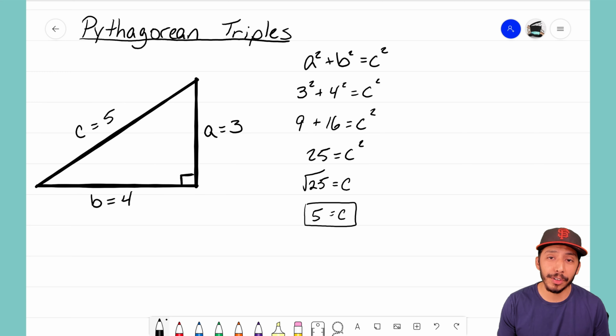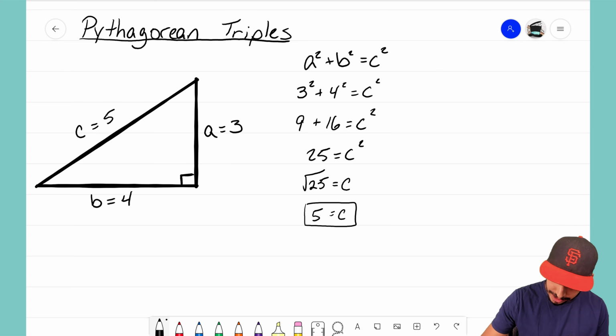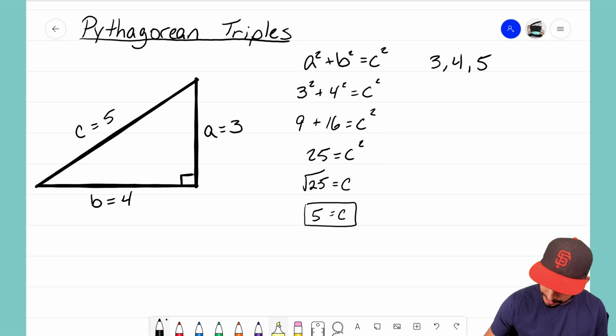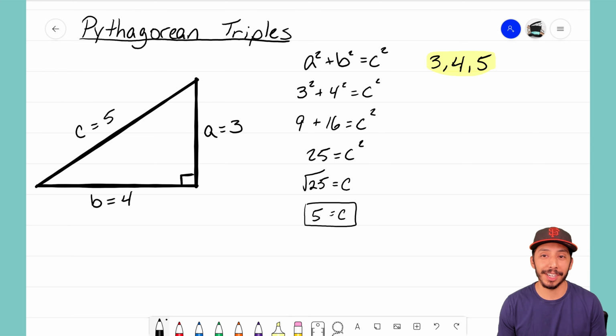So one Pythagorean triple that we've just shown is 3, 4, and 5. That shows you that these are the three sides of the right triangle. They are all whole numbers, and they satisfy Pythagorean's theorem. That's what Pythagorean triples are. They're just three sides of a right triangle where every side is a whole number.